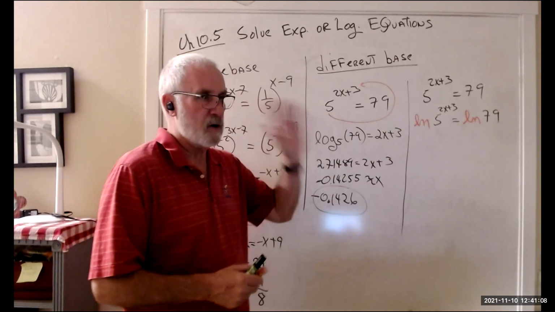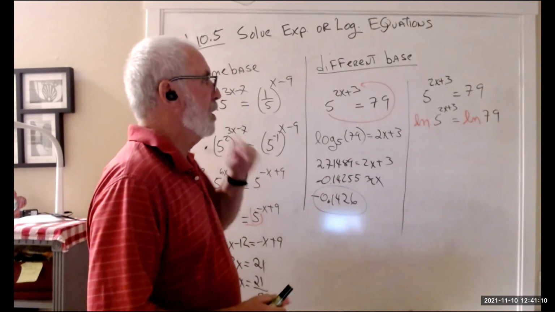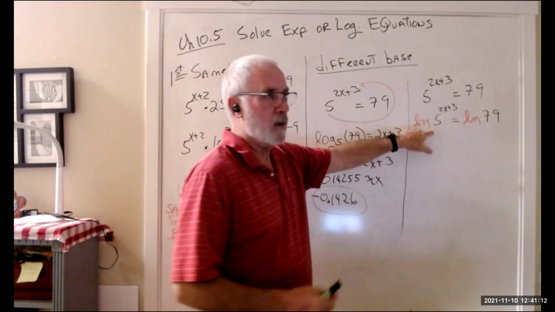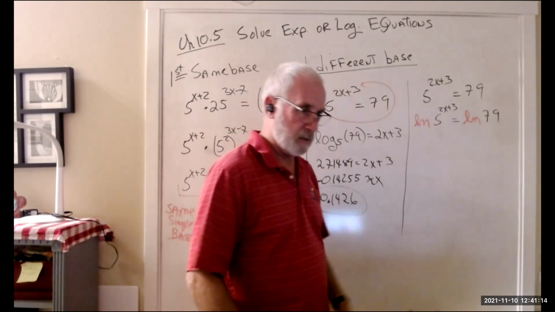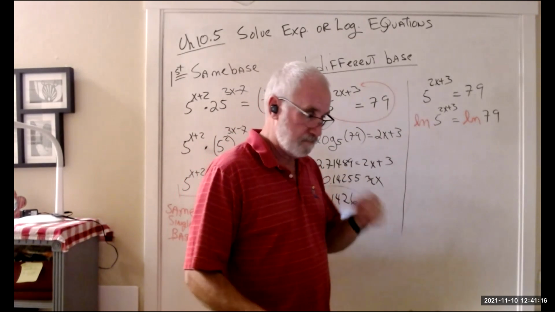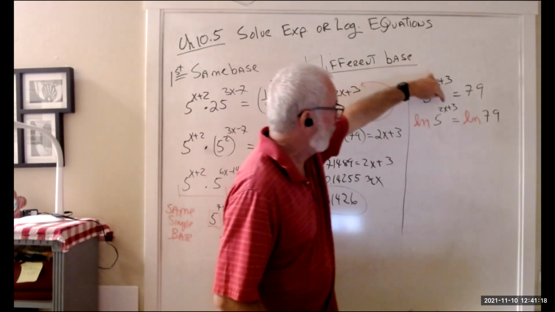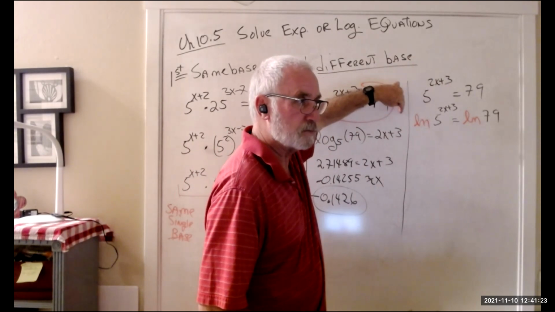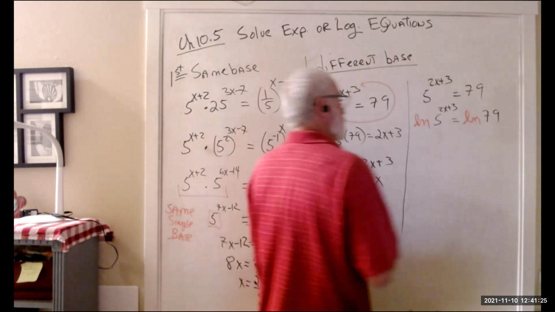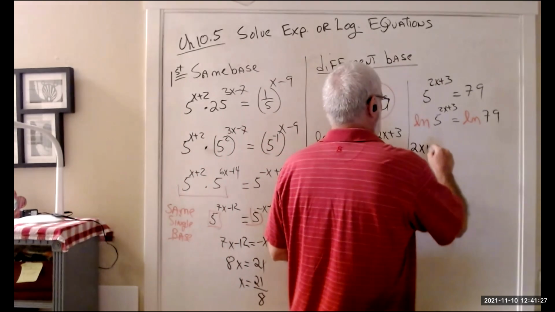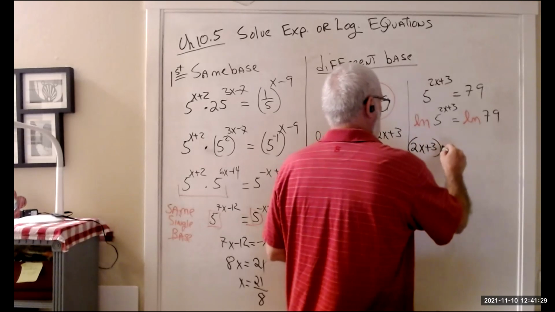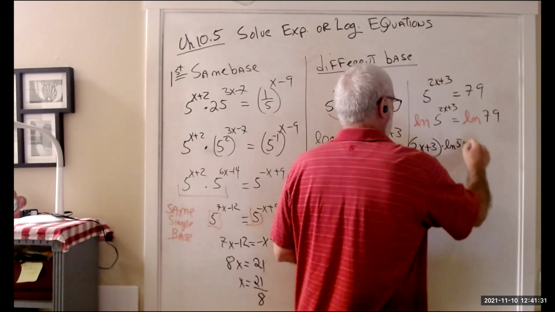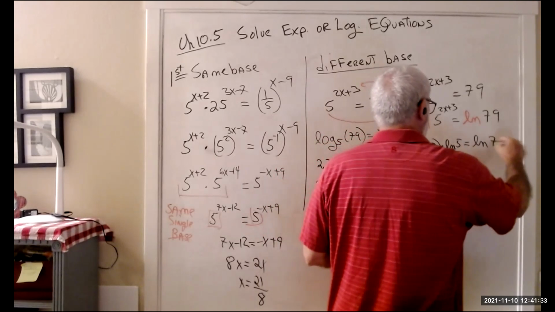In fact, tomorrow I may show you a third way, but why is this so good? Why would somebody say, oh, you can take the ln on both sides? Who cares? Because of that power rule, we're allowed to bring the power out front. So this becomes 2x plus 3 times the ln of 5 equals the ln of 79.